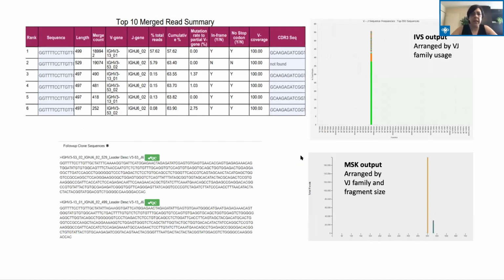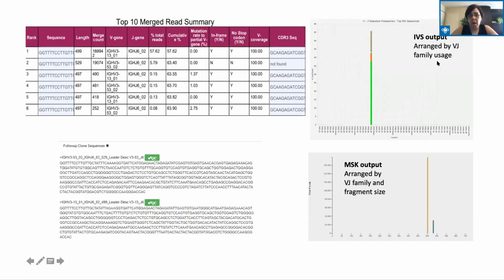This is a characterization sample, for example. And in here, what you can actually see is the output of the top clones. This is a clonal population that actually has two different clones with the same V usage. And this is the output from the Invivoscribe software, where you can see the clones arranged by the VJ family usage.